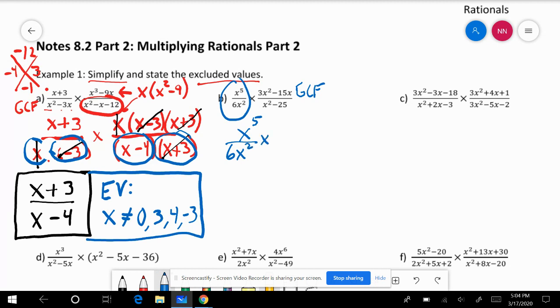The GCF, when we factor it, is a 3 and an x. So what we're left with is an x minus. Now looking at our denominator, we notice that that's a special factoring pattern. So we take the square root and we get x minus 5 and x plus 5.